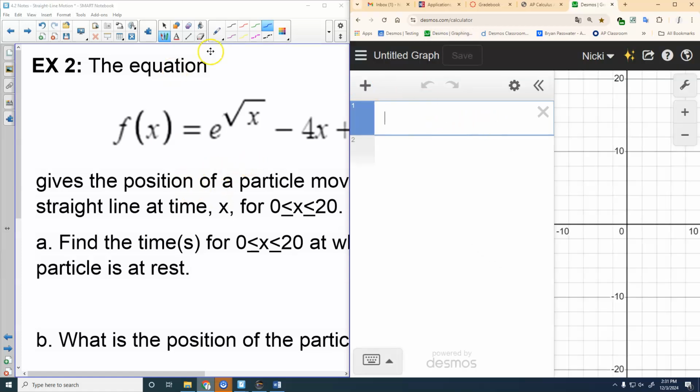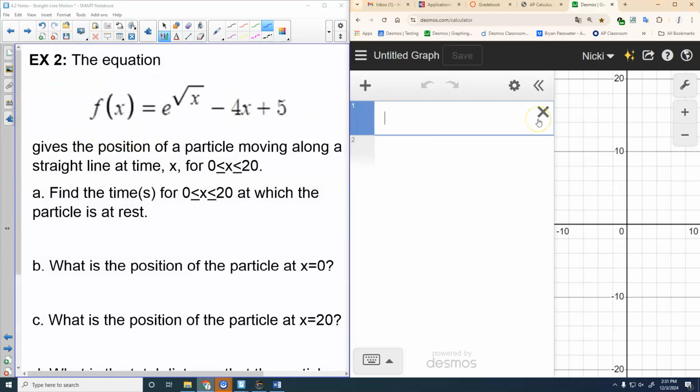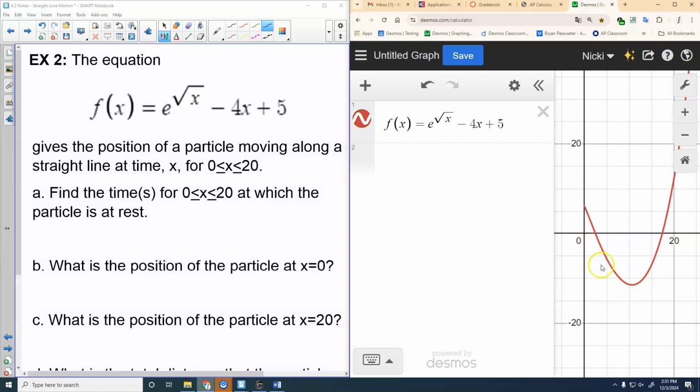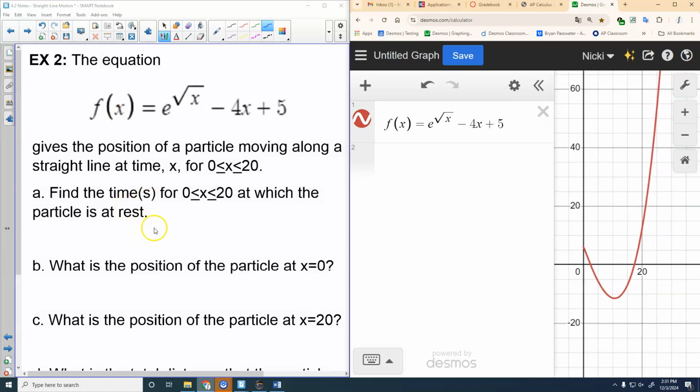Okay, and we will type in that equation, f of x equals e to the square root of x minus 4x plus 5. It gives us this graph right here. That gives us the position of a particle moving along a straight line at time x for 0 to 20.